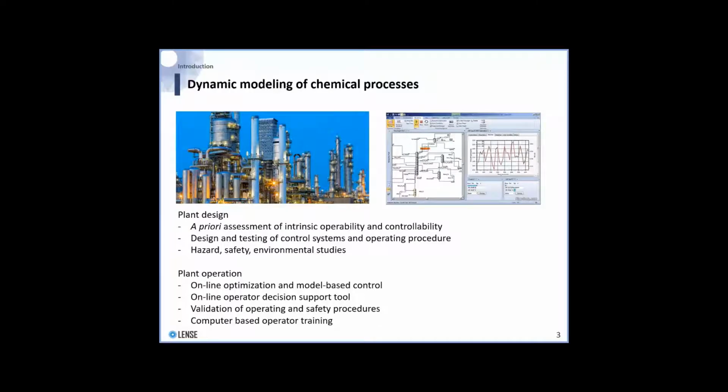All right, dynamic modeling of chemical processes. So dynamic models are important, obviously, even though steady-state models are used quite a bit in plant design. Dynamic models are still important for assessing things like operability and controllability, design and testing of control systems, hazard safety, environmental studies, as well as while you're operating the plant, you may want to do online optimization or model-based control.